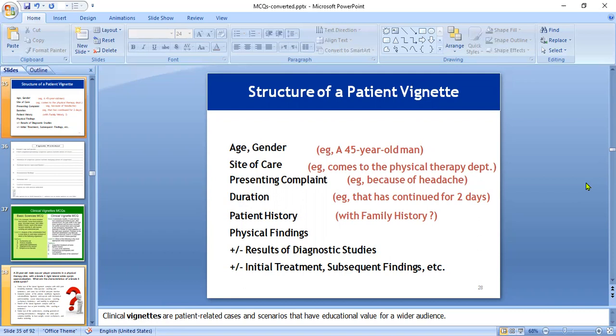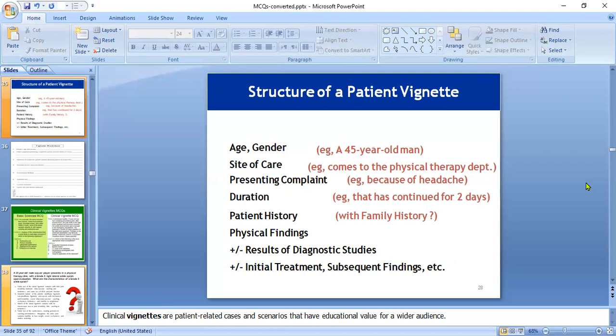After that, describe the history, the present complaint, the chief complaint of the patient, for which complaint he or she has come to this clinic or department. Then give some detail of the subjective examination, and after that some detail of the objective examination.